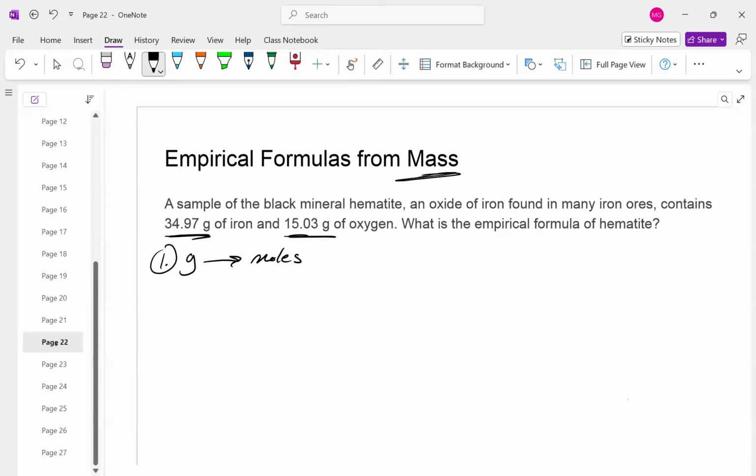So in this problem, the mineral hematite was found to contain 34.97 grams of iron and 15.03 grams of oxygen. So we can kind of skip over the whole percent thing. We already have grams. So we're just going to go from grams to moles.